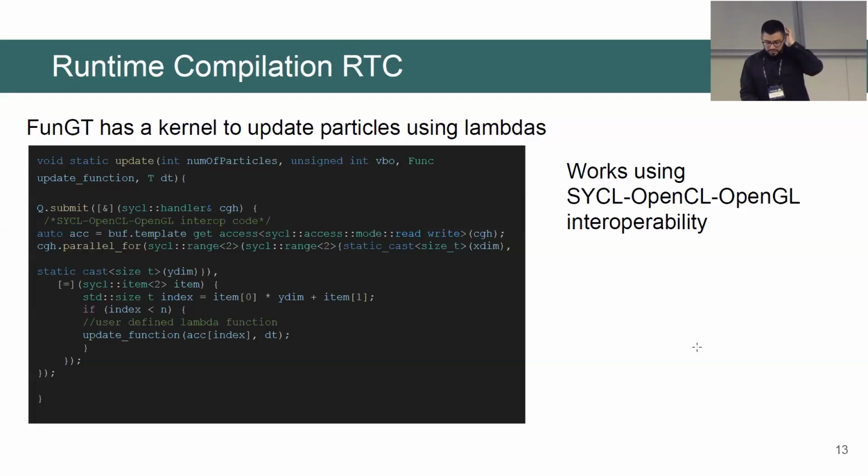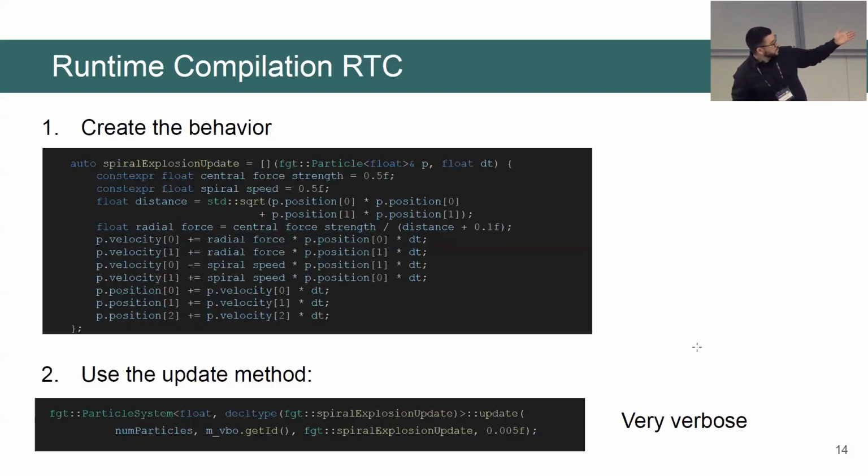Another nice feature is the runtime compilation. The reason is that FunGT has a kernel to update particles using lambdas. Why is this helpful? Because, for example, if the user wants to create their own physics function to move the particles, the user only needs to put the behavior and use the update method.